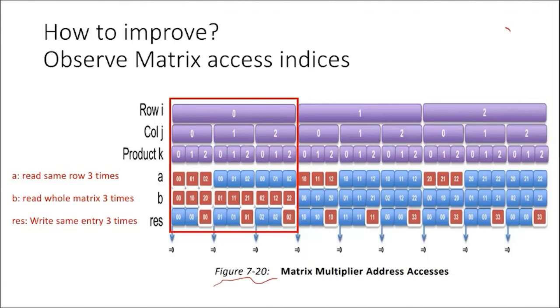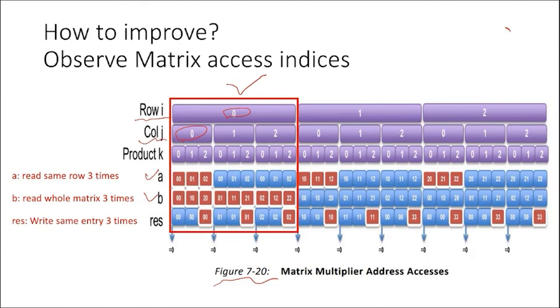We observe the first block here. The small squares show the index of row and column respectively. And here in A and B, it shows the matrix access pattern.